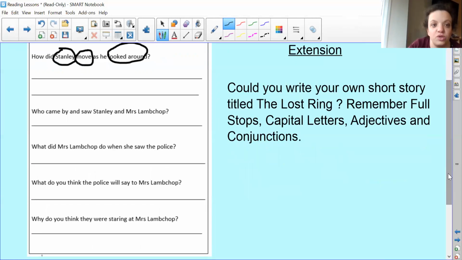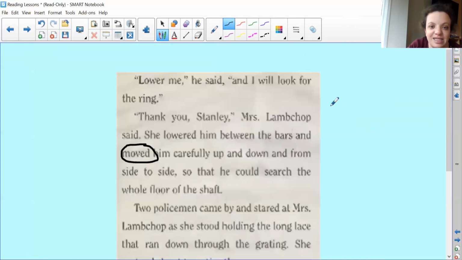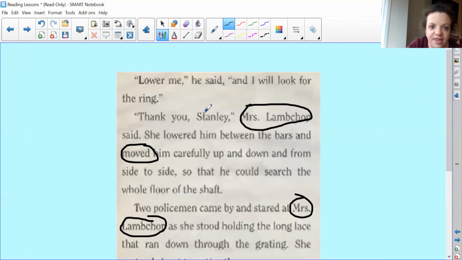Who came by and saw Stanley and Mrs. Lambchop? Pause it and have a go. Okay, let's have a little look. We're looking for Stanley and Mrs. Lambchop. So there's Mrs. Lambchop, and there's Stanley.